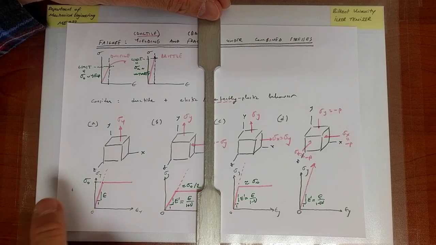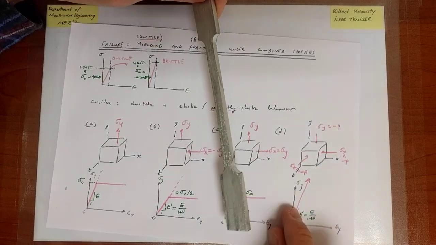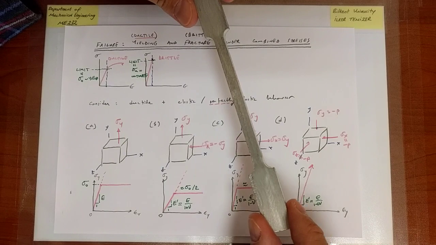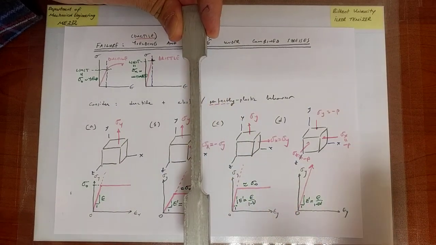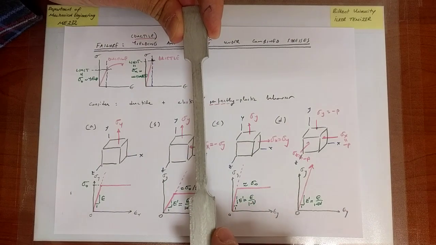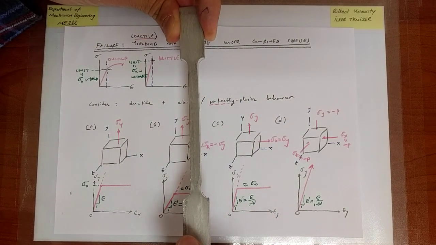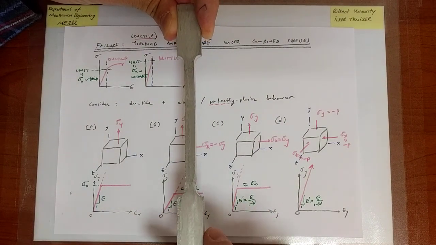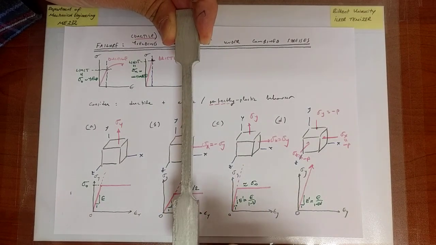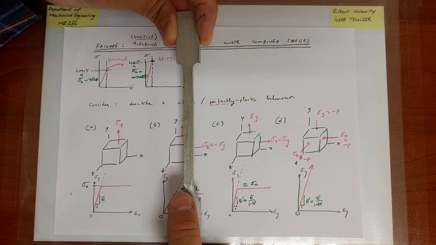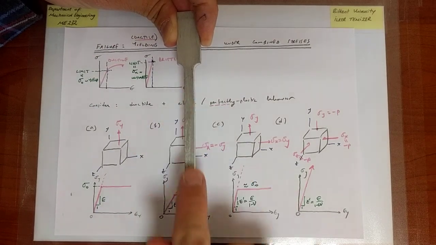Okay, good. So now suppose this is aluminum and I build a car out of aluminum and it has a complicated state of loading at a certain stage when you drive it at, say, high speed, and you'd like to know whether at some point on the hull of the car there is yielding or not, right? And that point in the metal structure is not going to be subjected to a simple state of uniaxial stress.